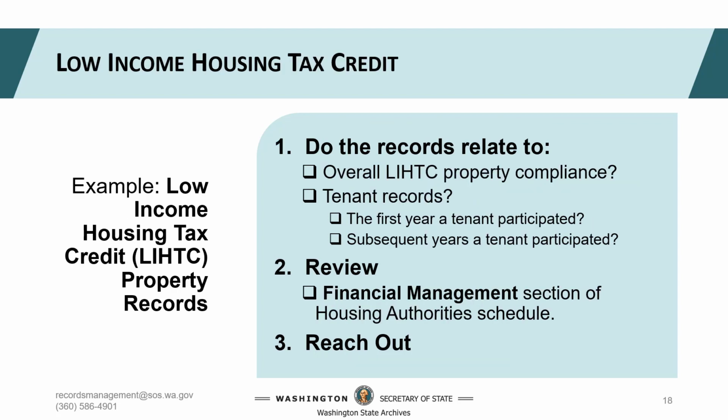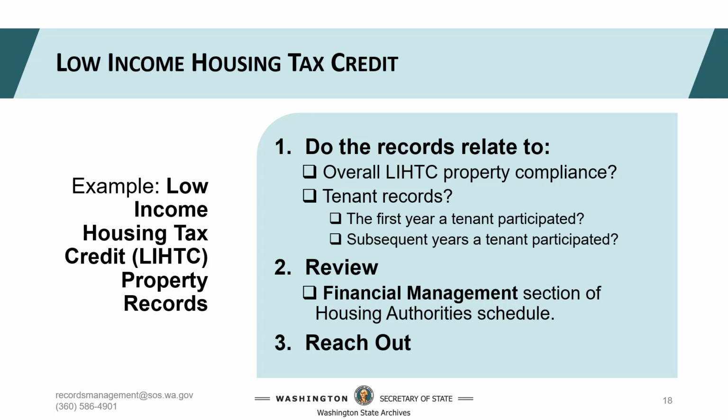Most of the records we create or receive aren't as self-evident as low-income housing tax credit property records. LIHTC records are unique to the Housing Authority's records retention schedule. Looking at the table of contents, you'll find the Low-Income Housing Tax Credit section. Control F the Housing Authority schedule to run a search on the keyword phrase low income.